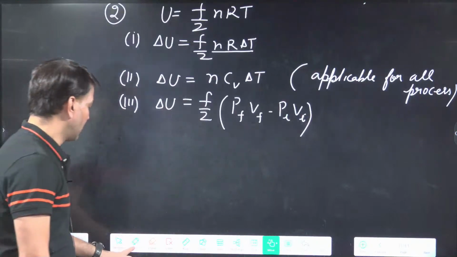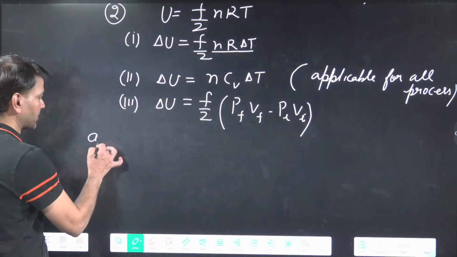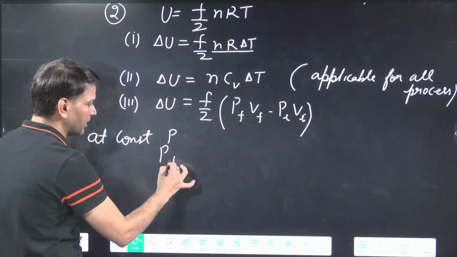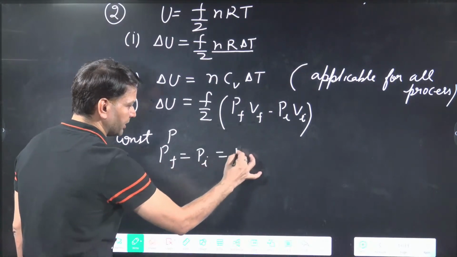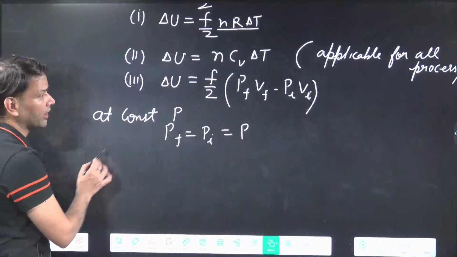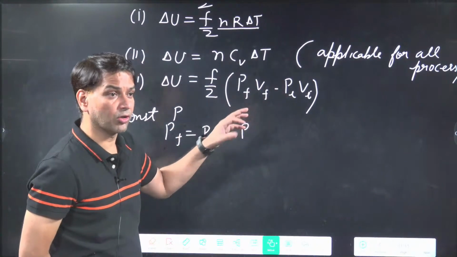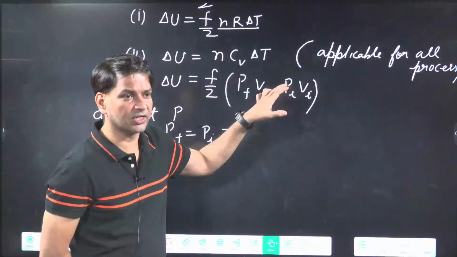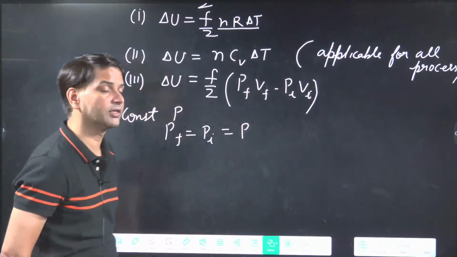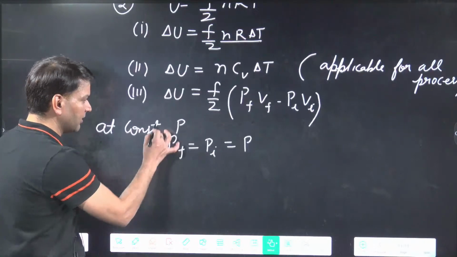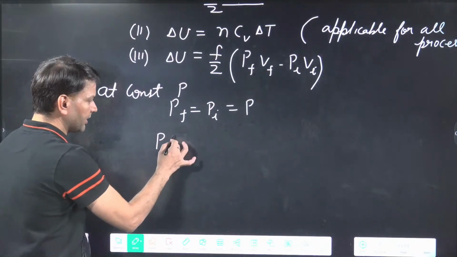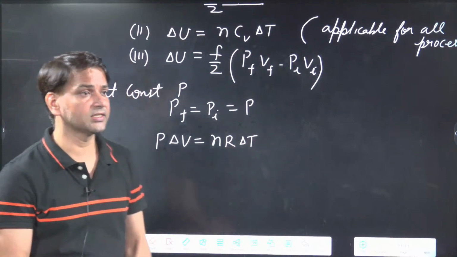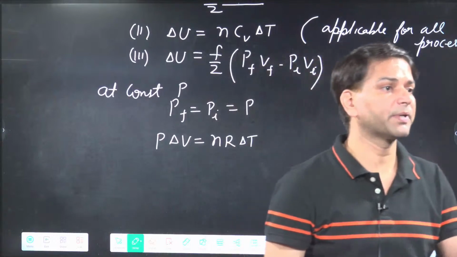One thing, at constant pressure, suppose P final is equal to P initial is equal to P. Pressure is constant, so P we can take common, and you will get V final minus V initial, which is delta V. So at constant pressure we can say NR delta T is equal to P delta V. We can write this at constant pressure only.